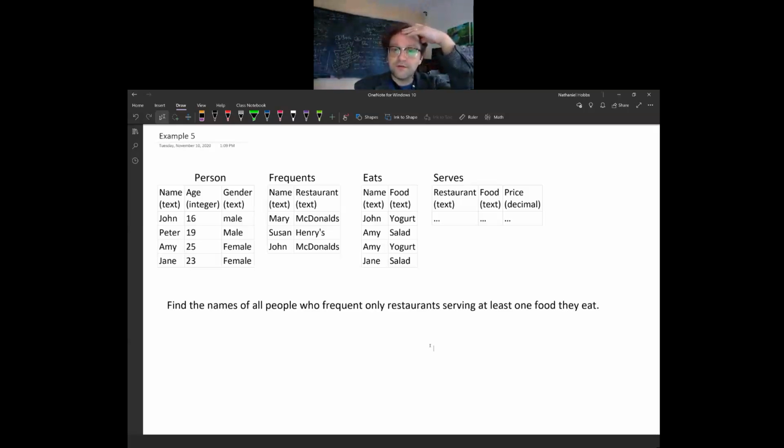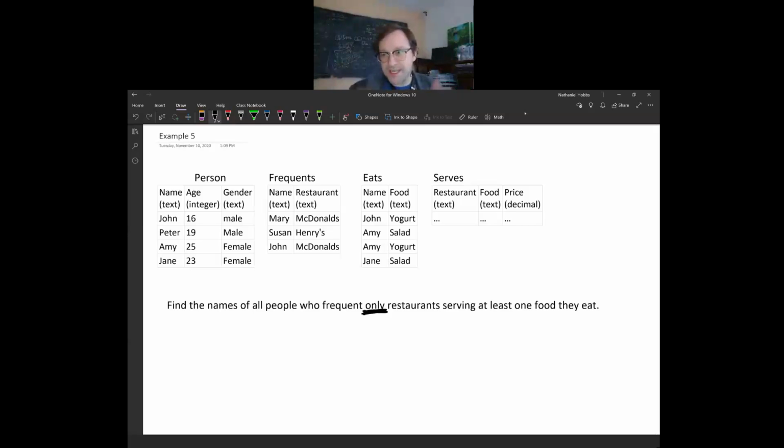But yeah, the thing that makes this tricky is this word, only. So find the names of all people who frequent only restaurants serving at least one food they like.